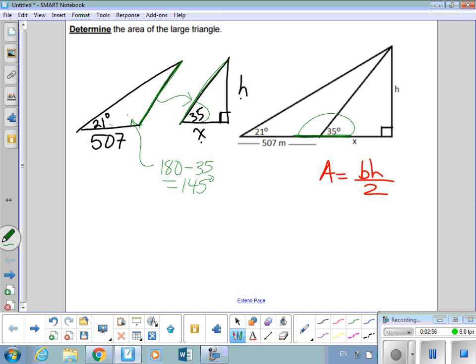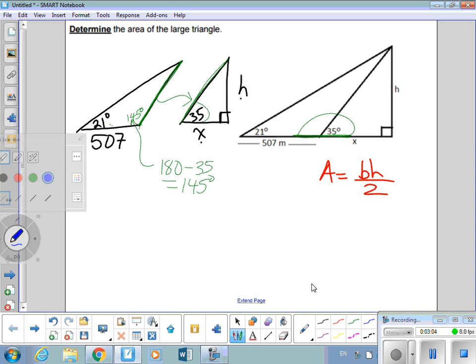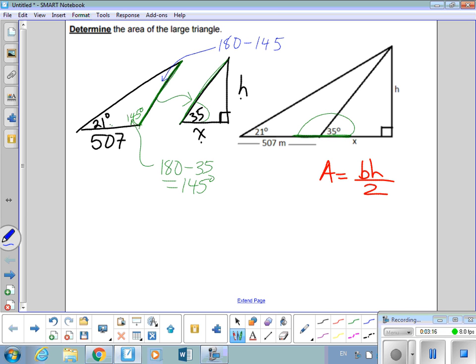So that triangle now has 145 degrees, and I know 21, so I actually can calculate the top one now as well. This one here, and I'm just scribbling all over the place so you can understand. It's not my formal solution. I know that's going to be 180 minus the 145 and minus the 21.